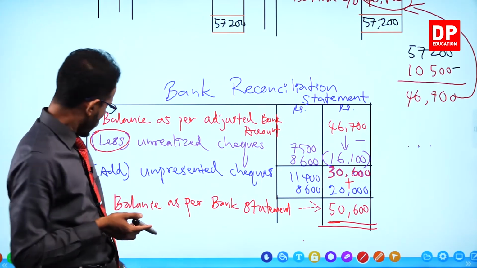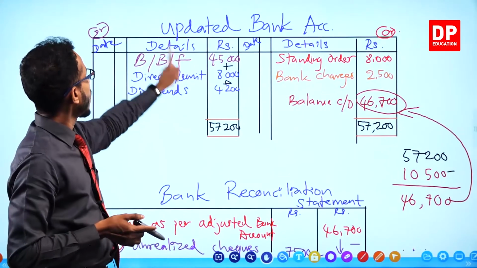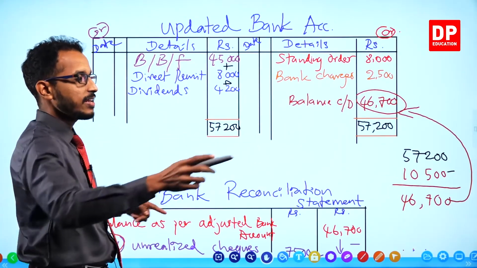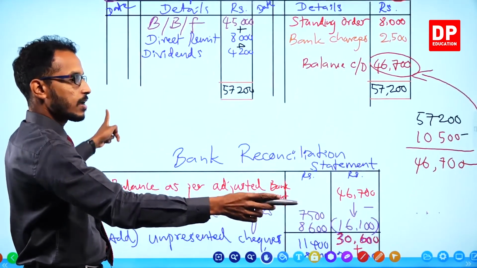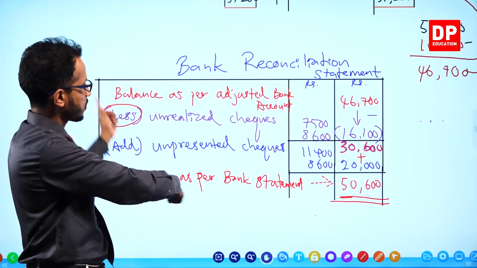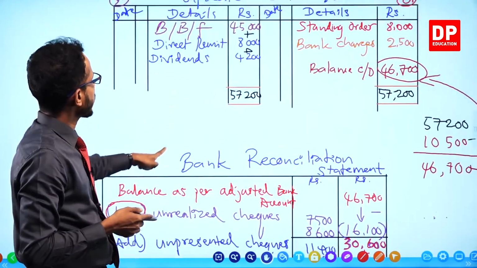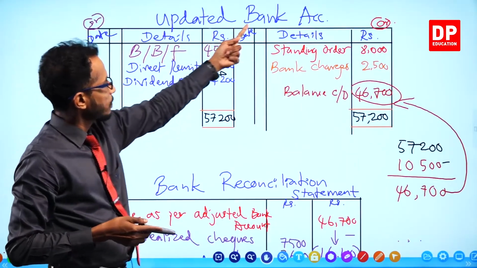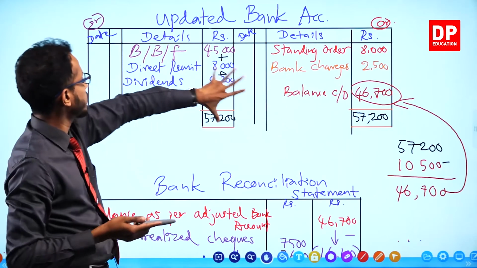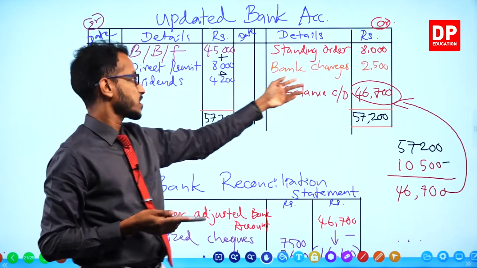Now we did the updated bank account and the bank reconciliation statement. From the updated bank account, we updated the bank account balance by entering the missing items to both sides.